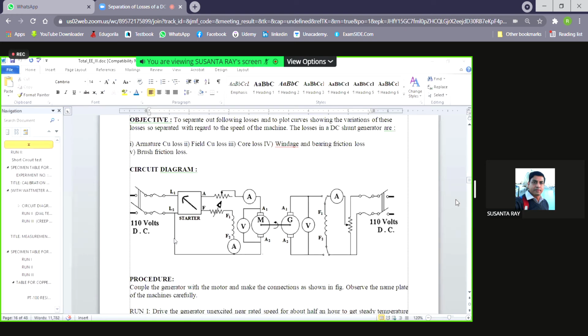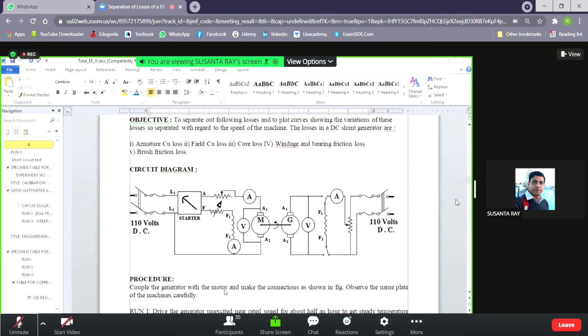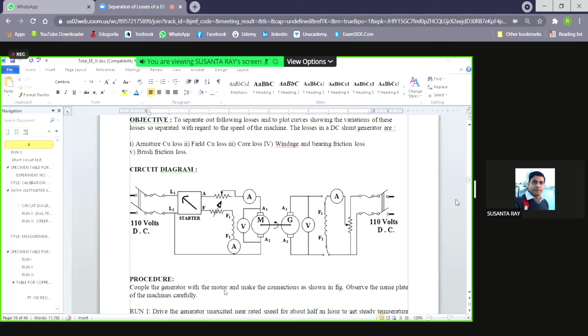But if your voltmeter is faulty, it may not show the reading, but your machine will function properly. Got my point? The voltmeter is connected in parallel to the motor, so it is not an essential part of the circuit. If there is any problem in the rheostat or in an ammeter, your machine may not rotate.